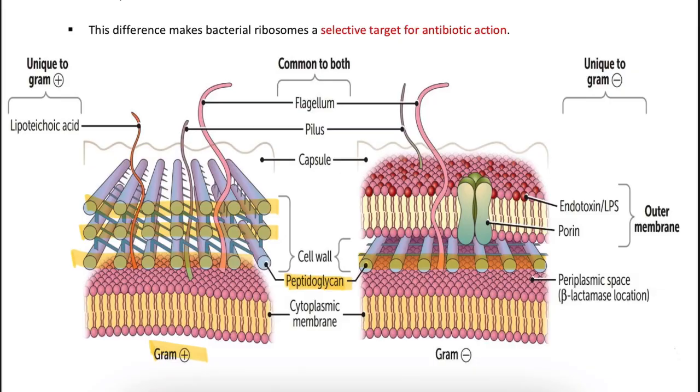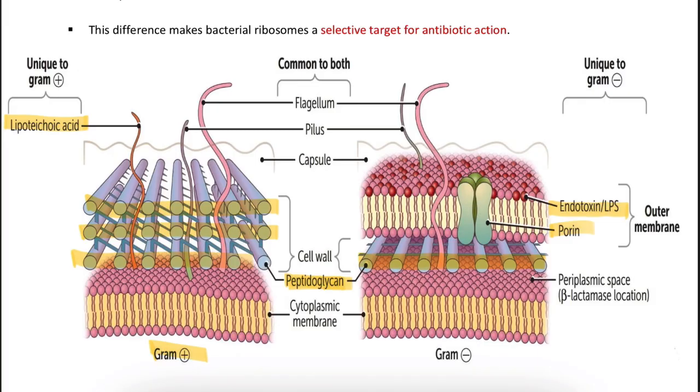Next one, lipoteichoic acid. This lipoteichoic acid is unique, mostly seen only in gram positive. Next, no outer membrane; we can't see any outer membrane compared with gram negative. In gram negative, you can see endotoxin, lipopolysaccharide and porins in the outer membrane.